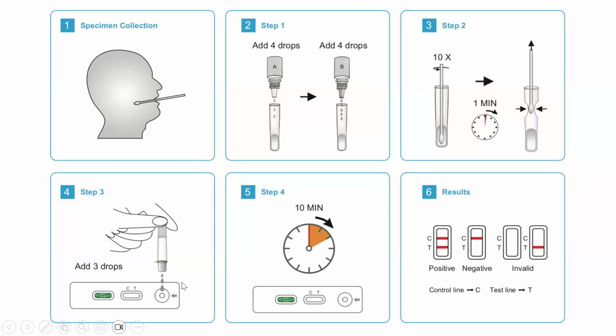Now we have controls. In any of the tests that we're going to mention, we have controls, a positive control and a negative control, to make sure that the test is valid. If there is no control in the rapid antigen test, that means the kit itself is dysfunctional, and we discard the investigation.